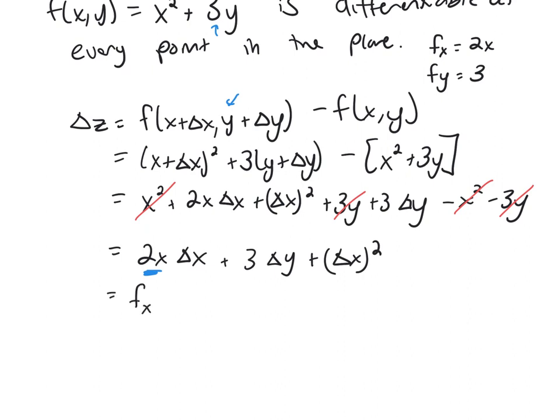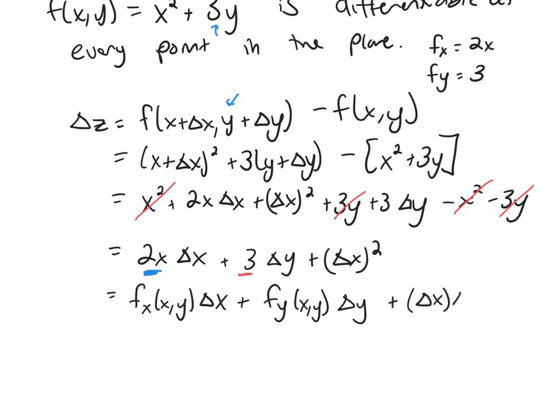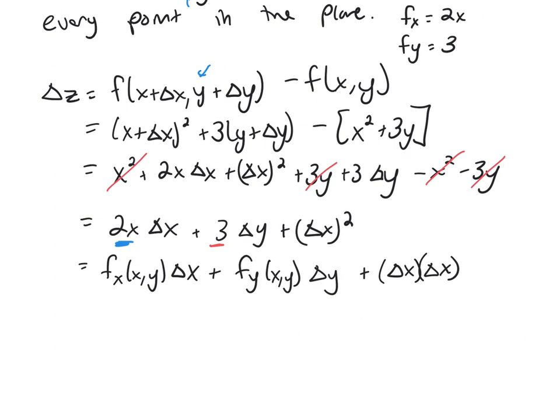So this would be fx of x y times delta x, and then 3, that's the partial derivative fy, times delta y. And then I'm going to expand out this delta x squared as delta x times delta x. And then I also am going to write plus 0 delta y. There's no delta y term.